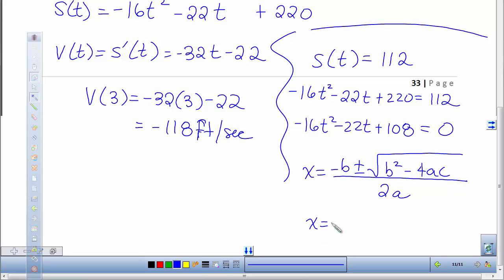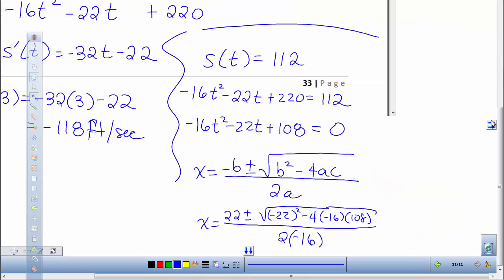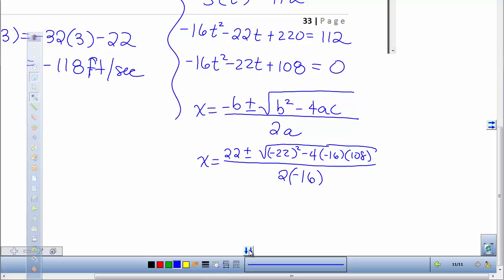In this case, b is negative 22, so we get 22 plus or minus the square root of negative 22 squared minus 4 times negative 16 times 108, all over 2 times negative 16. So we're going to put this in our calculator.